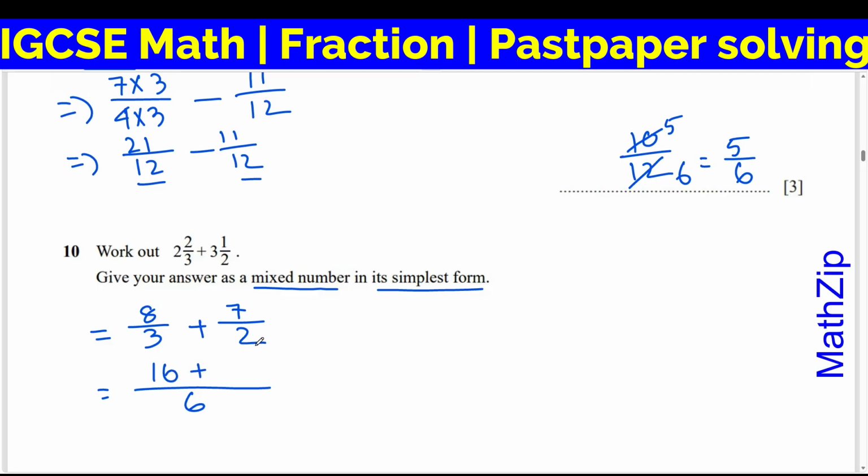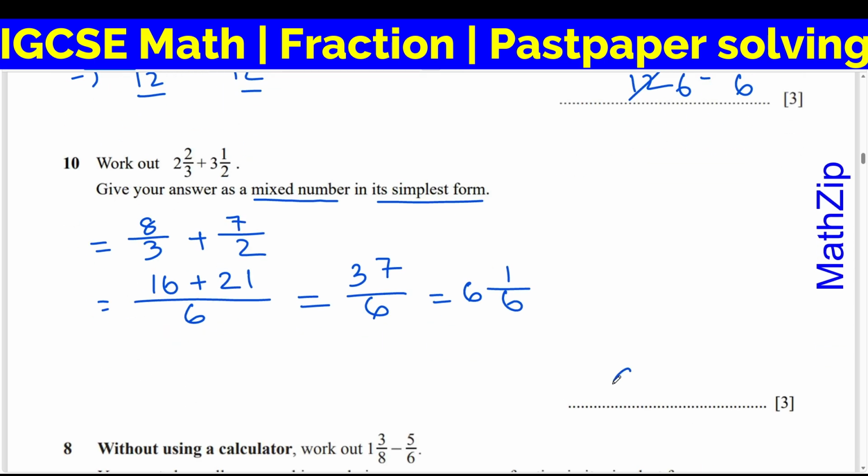And 6 divided by 2 is 3. 3 times 7 is 21. So now it becomes 16 plus 21, 37/6. Now you can make this like 6 times 6 is 36. So 6 1/6. This is our perfect answer, which is 6 1/6.